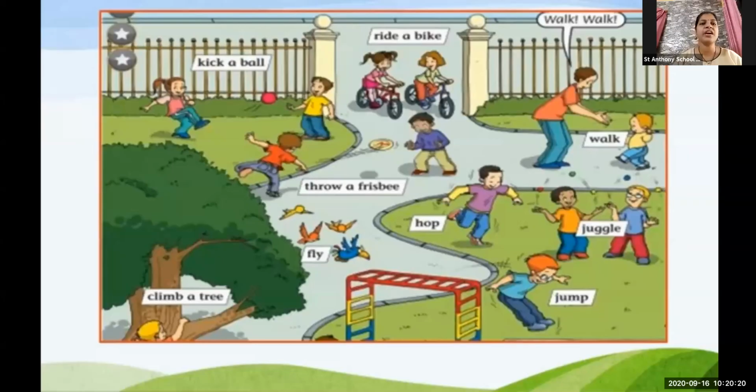Okay, now here, as I talked about the garden, so many things are mentioned over here. I gave you some of the words.